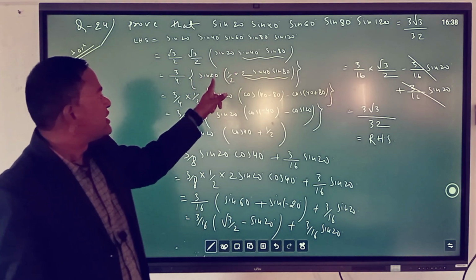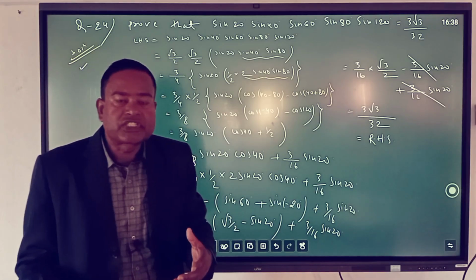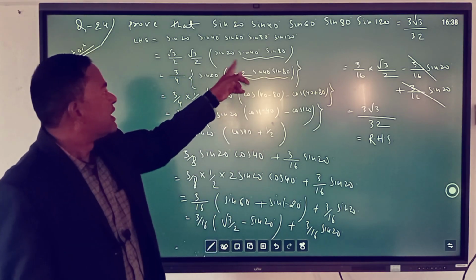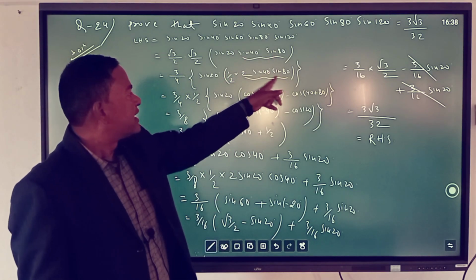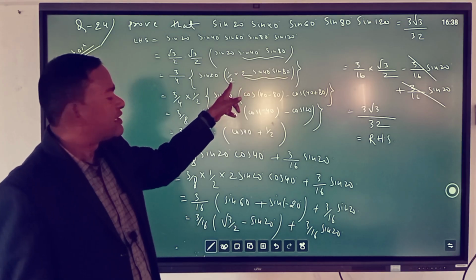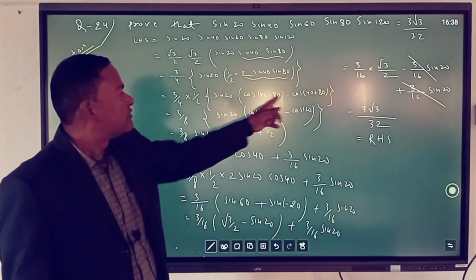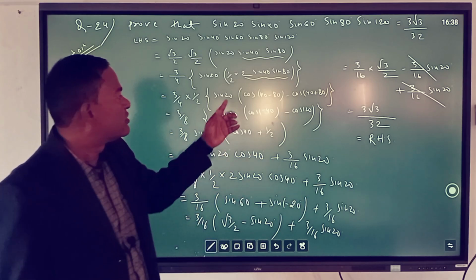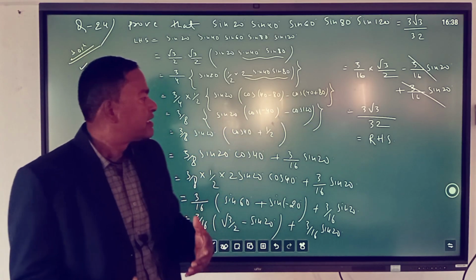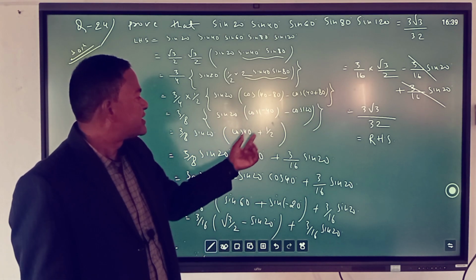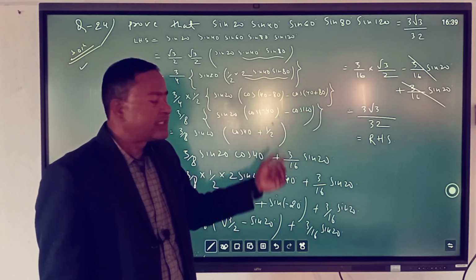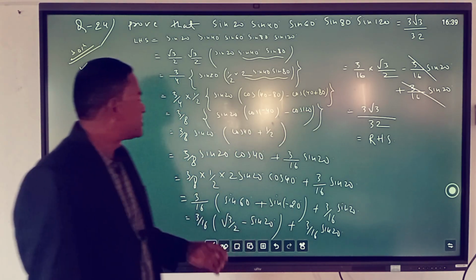Then sin 20 degree, one of the trigonometric ratios, we have to keep as it is. Then sin 40 and sin 80 we have multiplied by 2 and divided by 2, so that we can use the formula of 2 sin A into sin B. The formula of 2 sin A into sin B is cos A minus B minus cos A plus B. So dear student, cos minus theta means cos theta, and cos 120 means minus 1 by 2, minus minus gives plus 1 by 2.